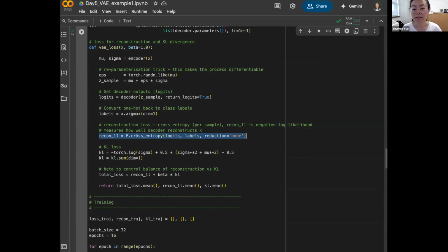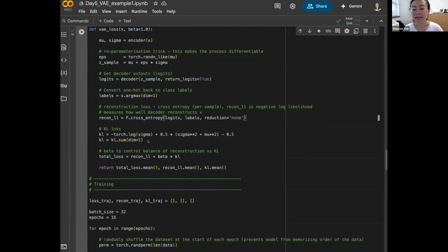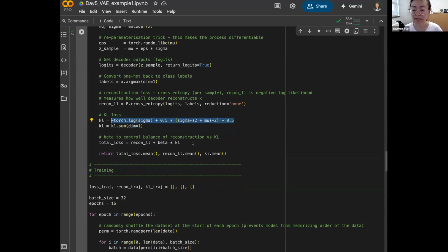So we're using a cross entropy here. This is very standard for categorical types of data. This is called the log likelihood, by the way. It's a concept that's used in many other machine learning algorithms as well. And then this is your KL loss, the analytical form that we're able to use because we assumed a normal Gaussian shape.